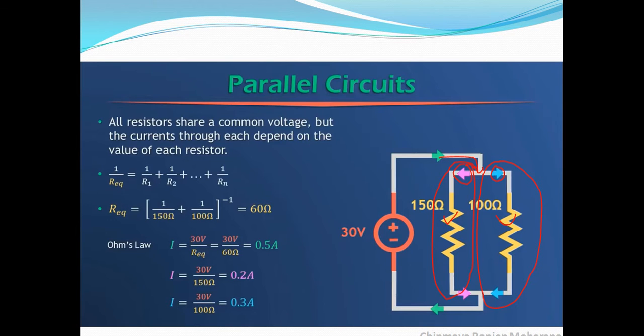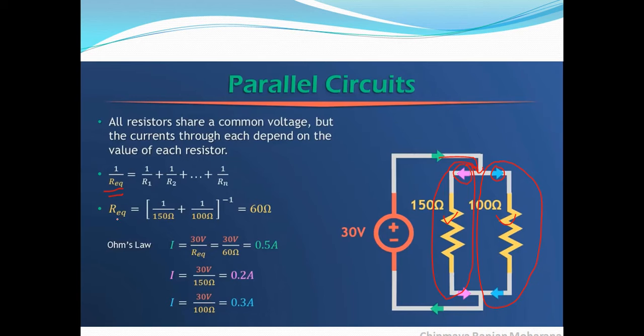Similarly, what is the equivalent resistance? That equivalent resistance is given by this formula: 1 by R equivalent equals 1 by R1 plus 1 by R2. If we connect n number of resistors, then that will result in 1 by Rn.